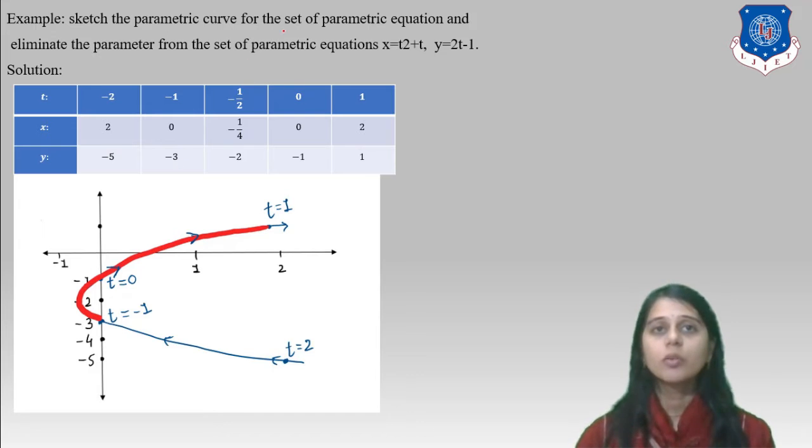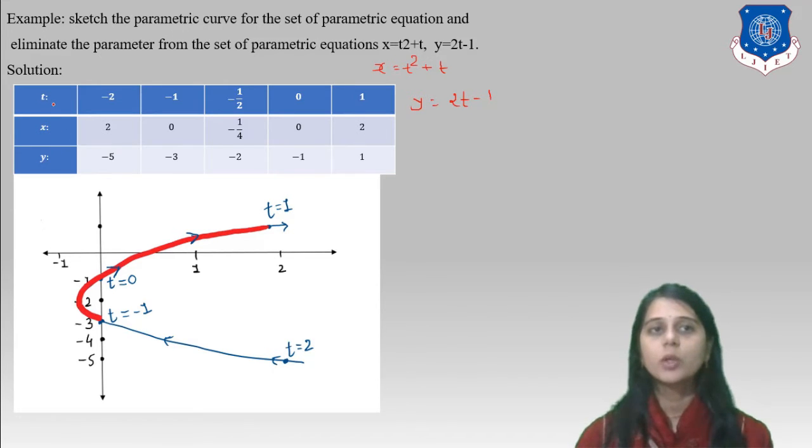Sketch the parametric curve for the set of parametric equations and eliminate the parameter from the set of parametric equations. Here x equal to t square plus t and y equal to 2t minus 1. Now we have some values of t, x and y.